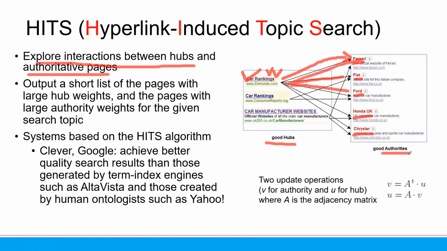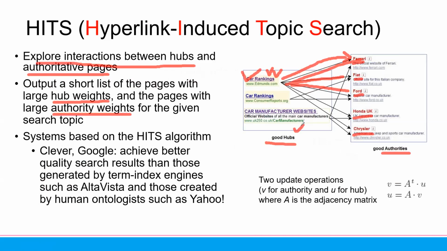So we can find what is a good hub and what is a good authority. We can find the hub weight, and we can find the authority weight. If the hub has a high weight, then it is a good hub.